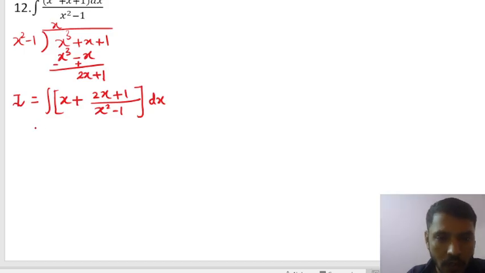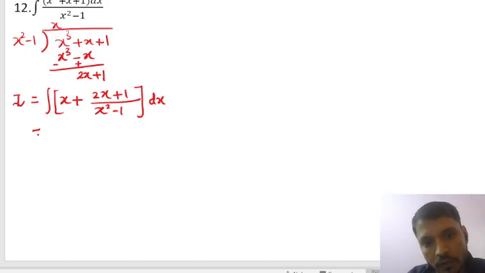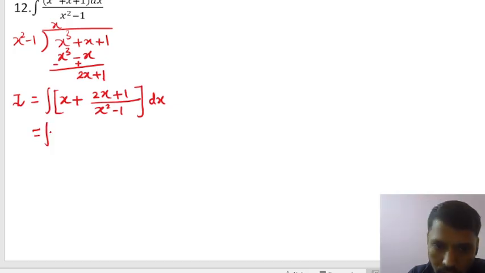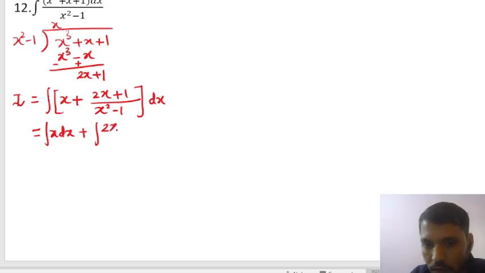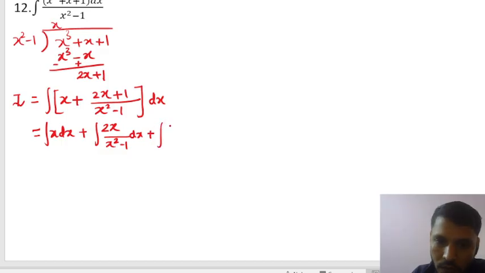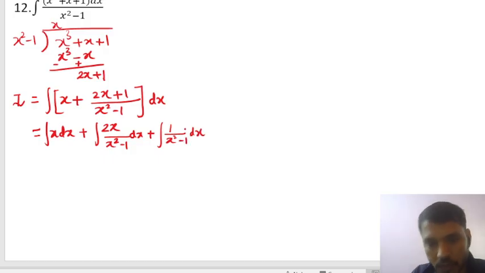Means here we are going to write I is equal to integration of x dx, and plus 2x divided by x square minus 1 dx, and then plus integration of 1 by x square minus 1, and here also we have dx.